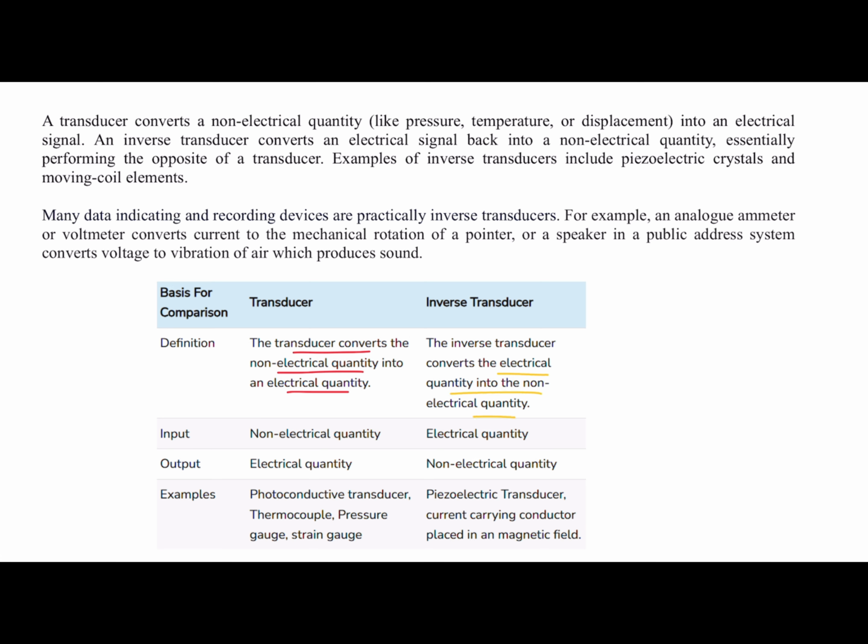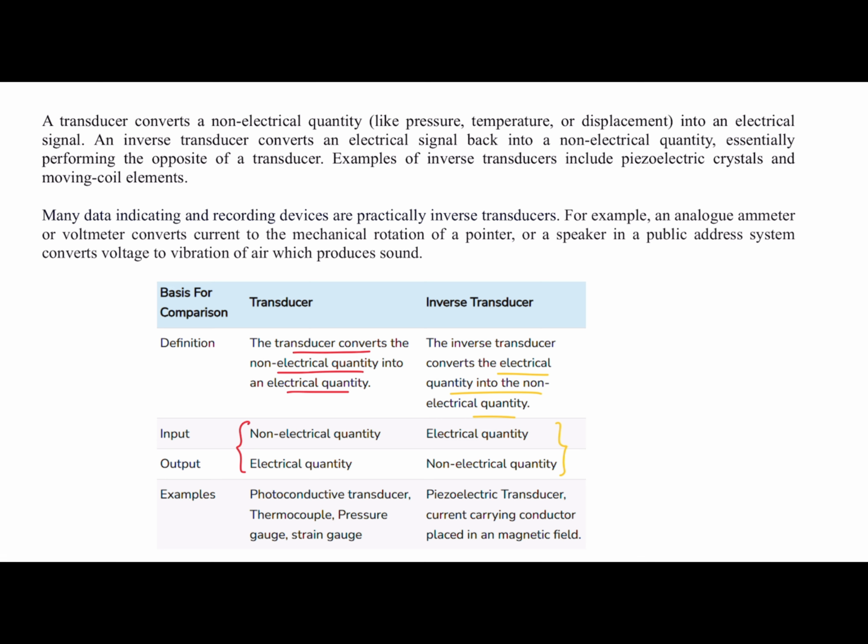Input of transducer is non-electrical, output is electrical quantity, whereas input of inverse transducer is electrical quantity and output is non-electrical quantity. And examples of inverse transducer are piezoelectric transducer, current carrying conductor placed in a magnetic field.